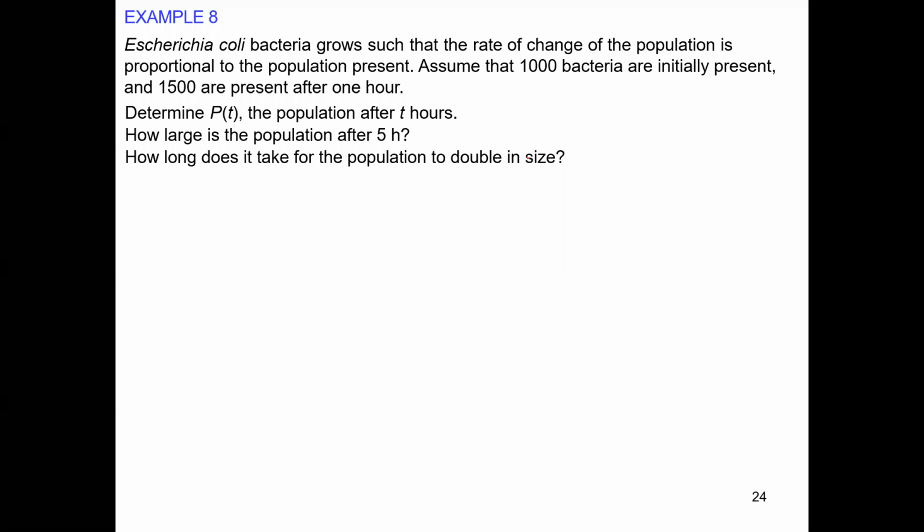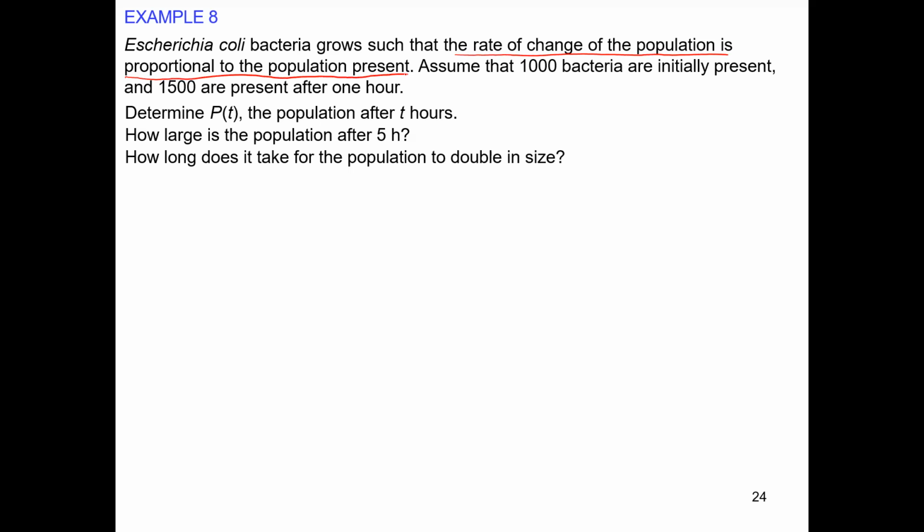Okay, example number 8. Escherichia coli bacteria grow such that the rate of change of the population is proportional to the population present. We can see, importantly, the rate of change of the population is proportional to the population present.